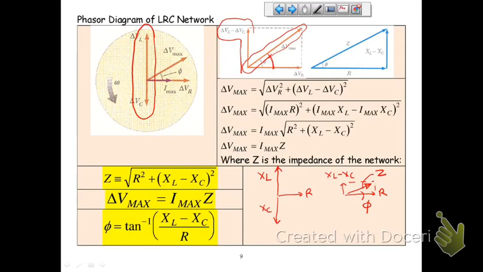That's the skill. Given an LRC circuit and a frequency, can you work out XL for that frequency? Can you work out XC? Can you work out R? Can you combine them in a phasor diagram to get the impedance for that circuit, which is the overall resistance? And can you work out the phase angle?